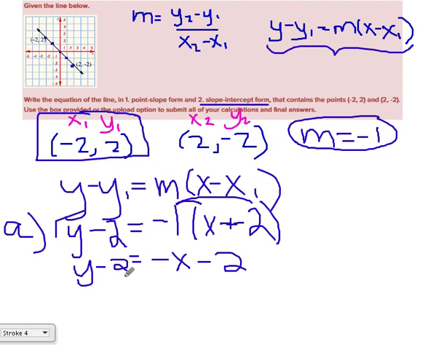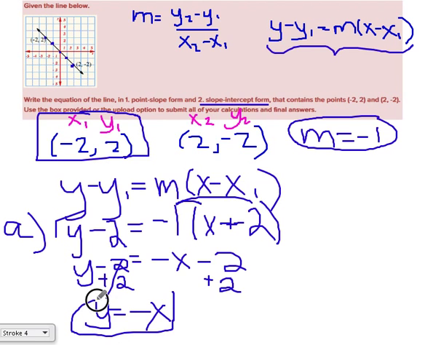And the last thing you want to do to solve for y is add 2 to both sides. So that's going to leave you with y equals -x plus 0. I'm not going to write plus 0, I'm just going to say y equals -x. So your part B in slope-intercept form is y equals -x.